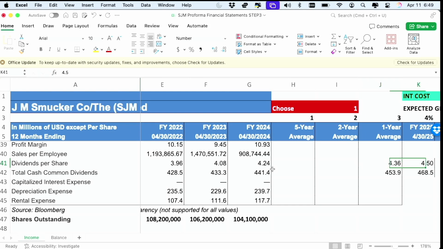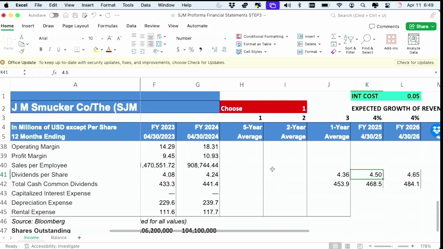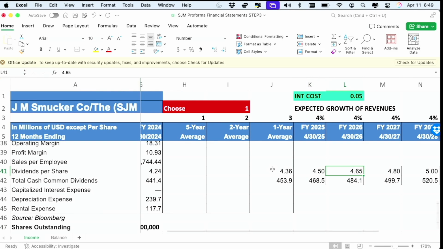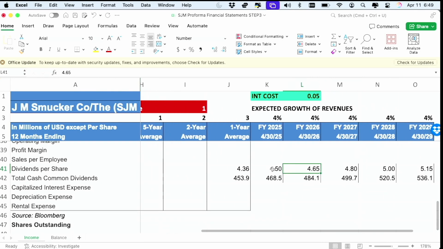And then this next one, I increased by 14 cents to $4.50, and then 15 cents, and then another 15 cents. And then here I went 20 cents, and then another 15. I'm trying to project basically what I think management would do over those years.